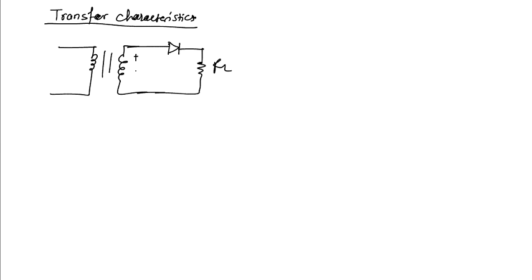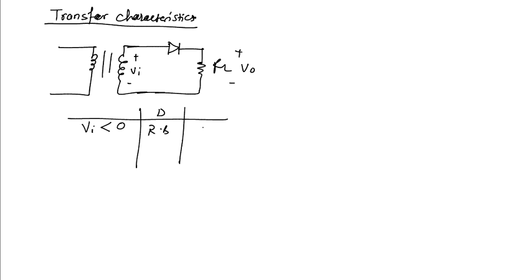In the circuit, this voltage will be the input voltage, though we were calling this voltage V2, but now we will call this the input voltage, and this is the output voltage of the circuit. It is clearly seen that if input Vi is less than 0 volt, means negative half cycle, diode D is reverse biased, and there is no voltage obtained at the output. So Vo equal to 0 volts.